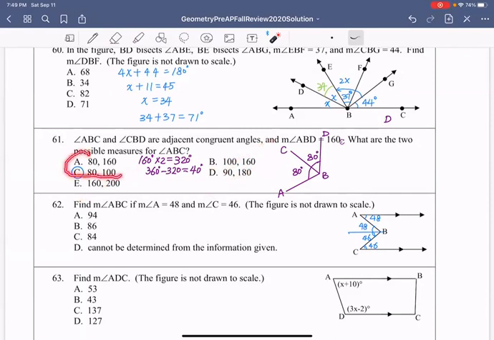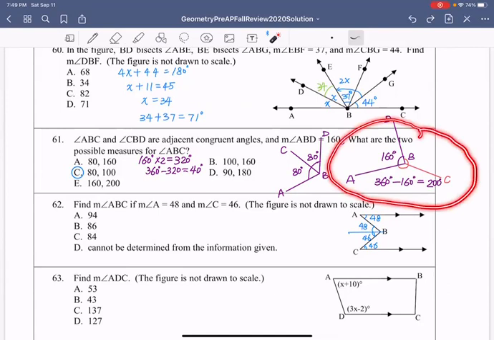Should I choose A or should I choose C? A lot of students can get this answer, but a lot of students don't know which one is correct. So this question is a little bit tricky. You couldn't decide which one because you just drew one scenario. There is a second one.